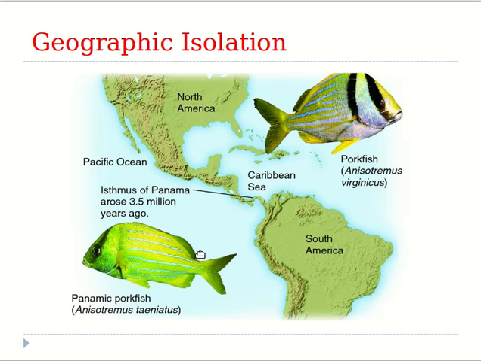These two populations cannot interbreed because of the geographical barrier. They may have arisen from the same ancestral stock, but because of the geographical barrier they cannot interbreed and cannot produce viable offspring. And finally, these are completely different species.